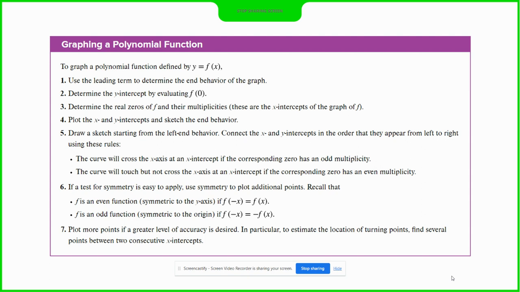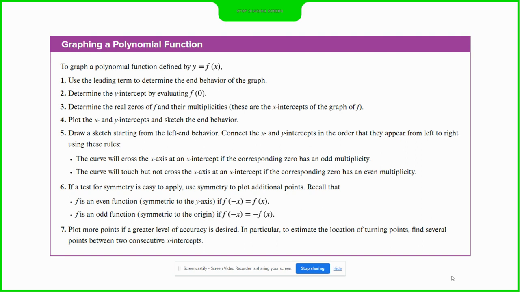We will then start sketching the graph. We'll start at one of the end behaviors and then travel towards the smallest x-intercept or the zero, determine if we need to go through it or bounce up and down, and then keep going until we get to the end behavior. As of right now, the only thing you don't know how to do is determine the extrema. Okay, but we're not looking too hard at that.